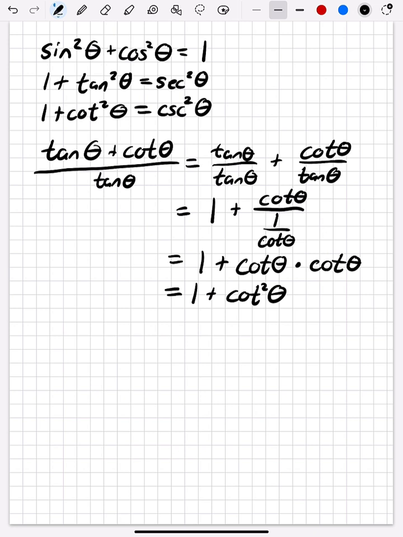Well, now looking at my other trig identities here, I can see that 1 plus the cotangent squared of theta is cosecant squared theta. Okay. So that's just one example of how you can solve these. I don't have many questions on the homework on doing this, but that is just an example.